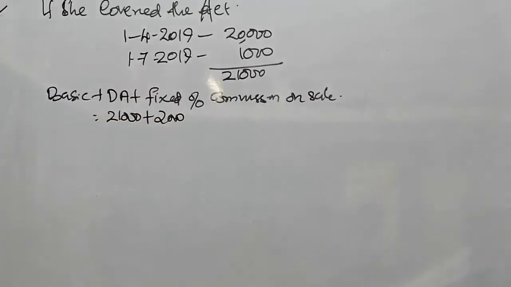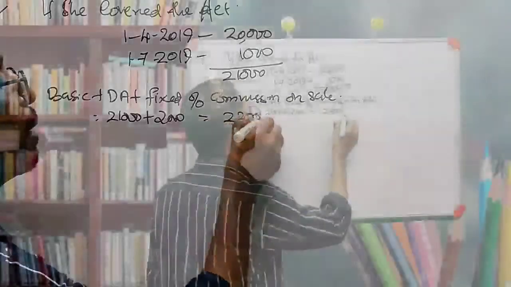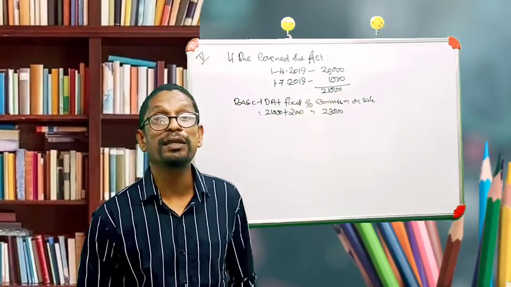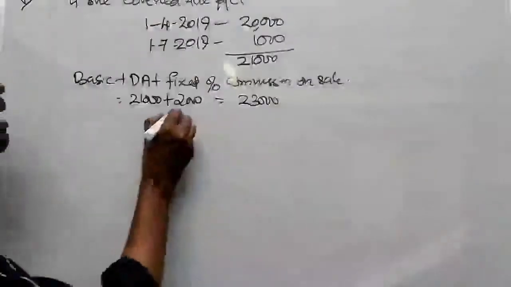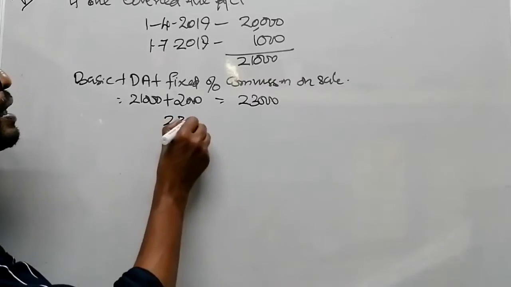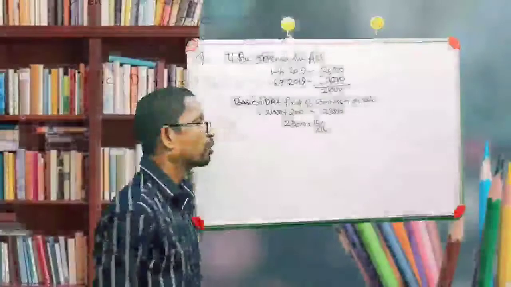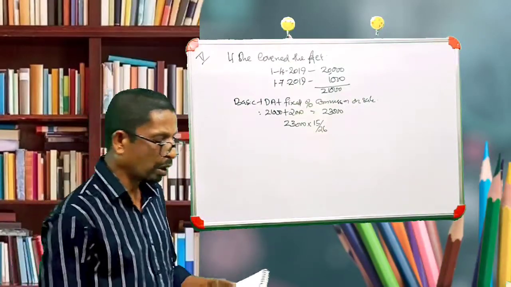We are taking the full amount here. 23,000 is the salary of the employee now. Okay, how much days salary? 15 days salary for each completed year of service. That means 23,000 into 15 by 26. How many days only in a month? Only 26 days. That is how much now?